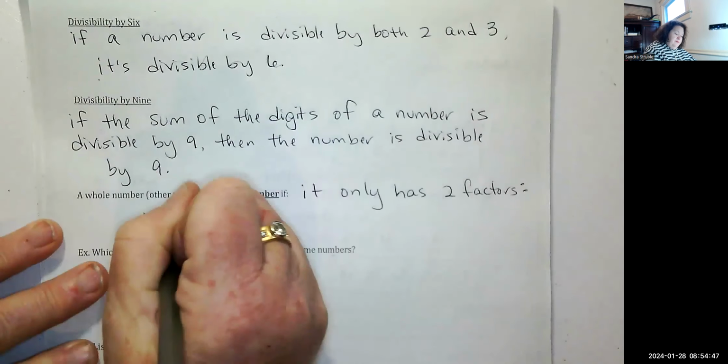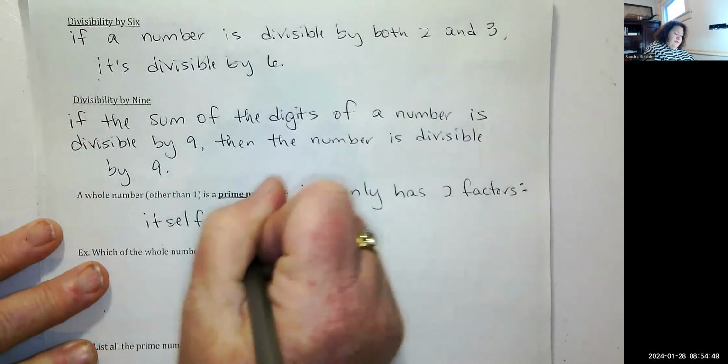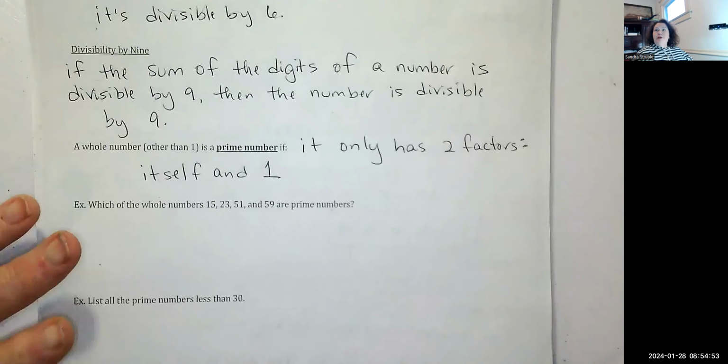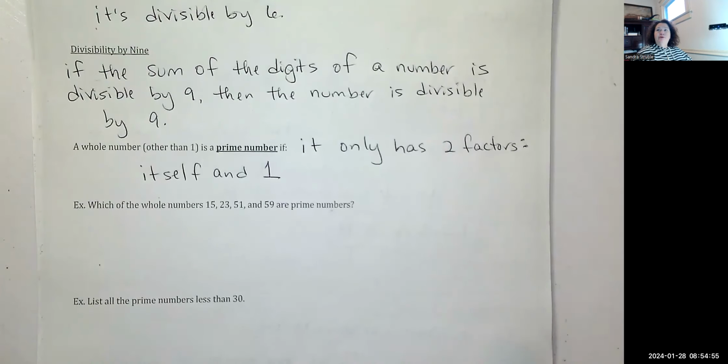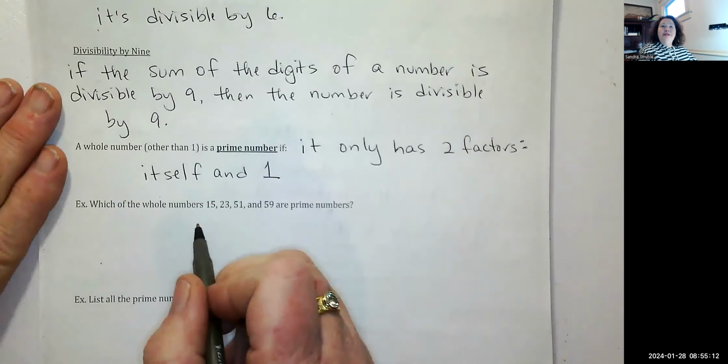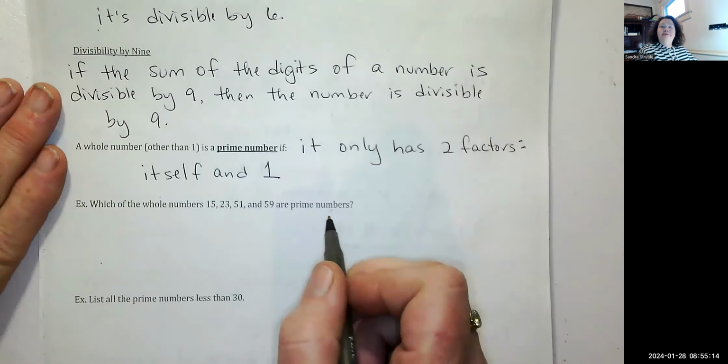Okay, so 2 only has the factors of 2 times 1. 3 only has the factors of 3 times 1. 5, 7, 11, 13, 17, 19. There's so many. So which of the whole numbers are prime?